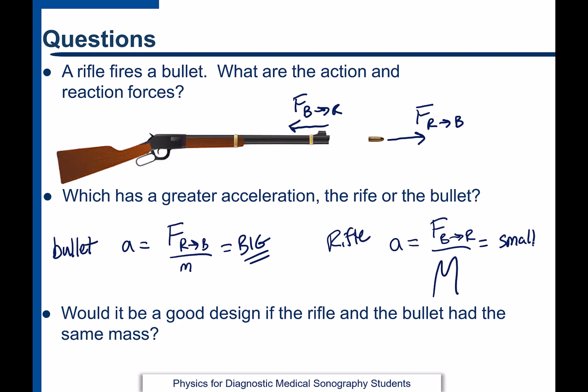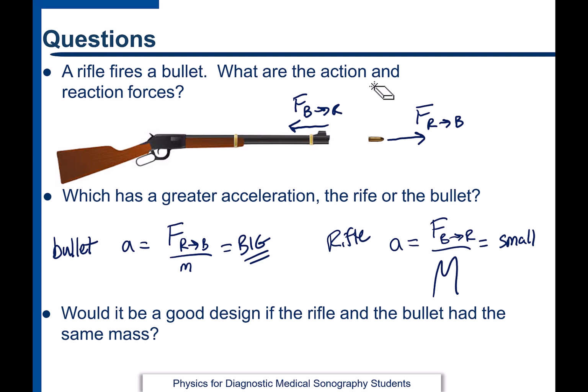If you've ever fired a gun yourself, or you've seen somebody fire a gun, or you can picture watching a cannon fire a cannonball, you'll notice that the gun always gets pushed back. It recoils. Well, now you understand why, because there is a force back on the gun that is the same as the force on the bullet. It's just that the gun has so much more mass that acceleration is small.